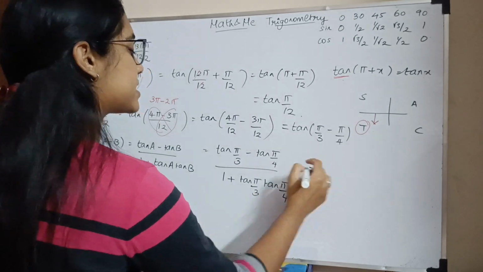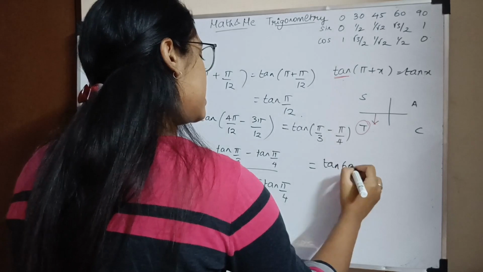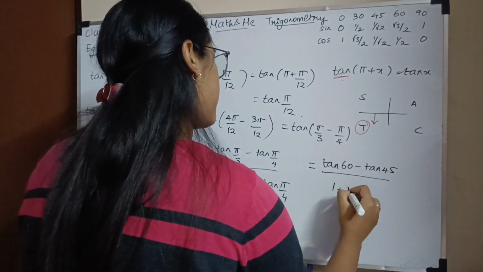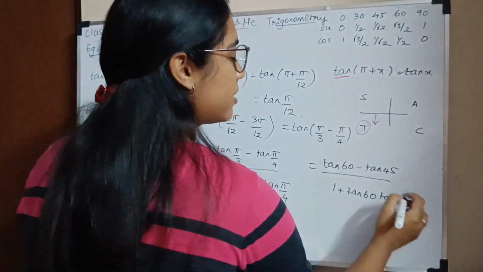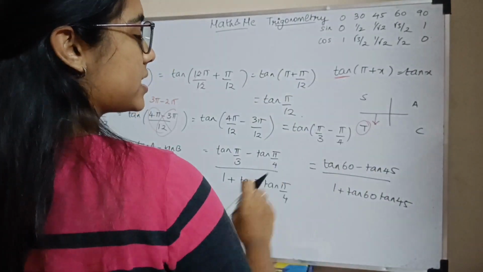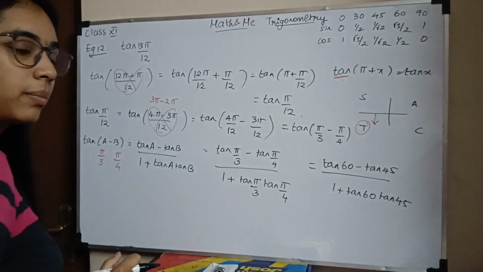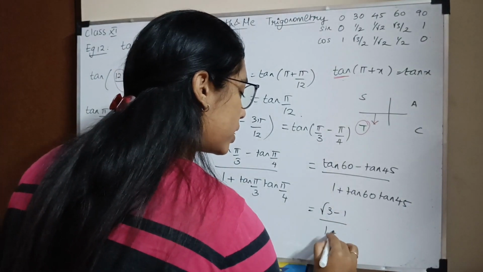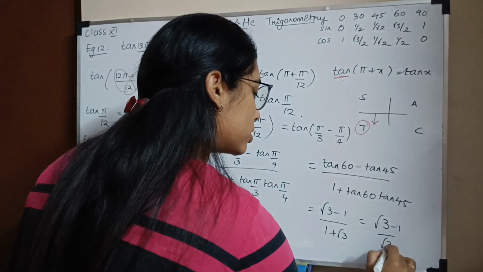So what is tan pi by 3? Tan pi by 3 is nothing but tan 60. Tan 45 is nothing but sine by cos, which is 1. What is tan 60? Tan 60 is root 3 by 2 divided by 1 by 2, so it will be root 3. So I'll have root 3 minus 1 divided by 1 plus root 3. So this is nothing but root 3 minus 1 divided by root 3 plus 1.